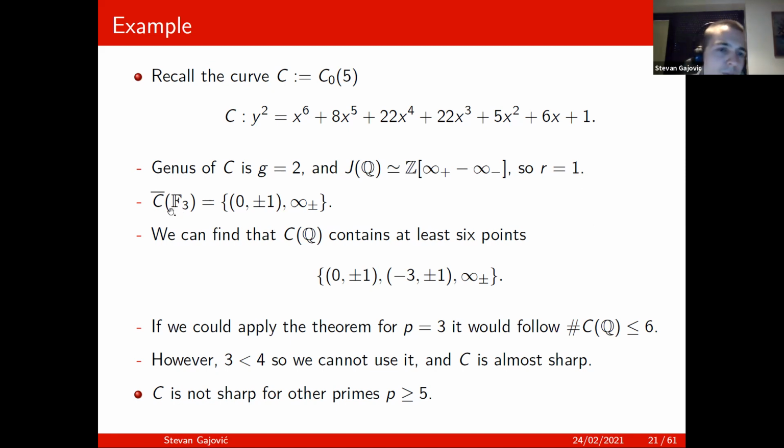And what we can do immediately is reduce everything modulo 3 and conclude that there are 4 points over F3: 0, plus or minus 1, and 2 infinity points. And if we consider this curve, that is something that Magma or some computer system will probably do for us. The computer systems have their way to search for points.